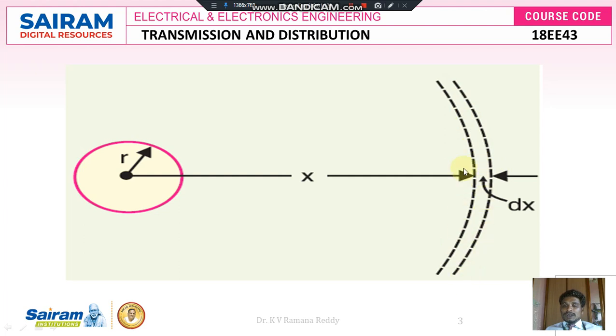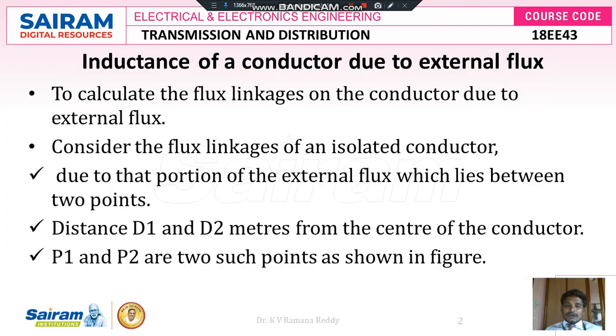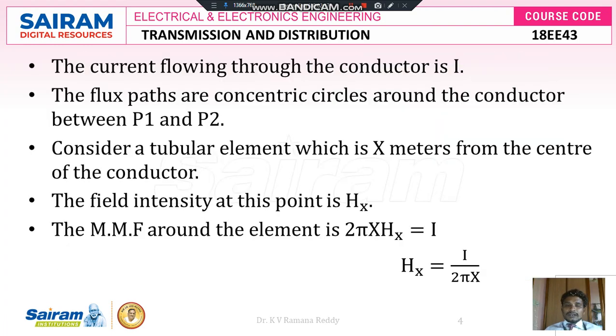Let us assume that a point is located at a distance of x from this conductor, and of the two conductors represented in dotted lines, one conductor is located at a point P1 and the other conductor is located at a point P2.